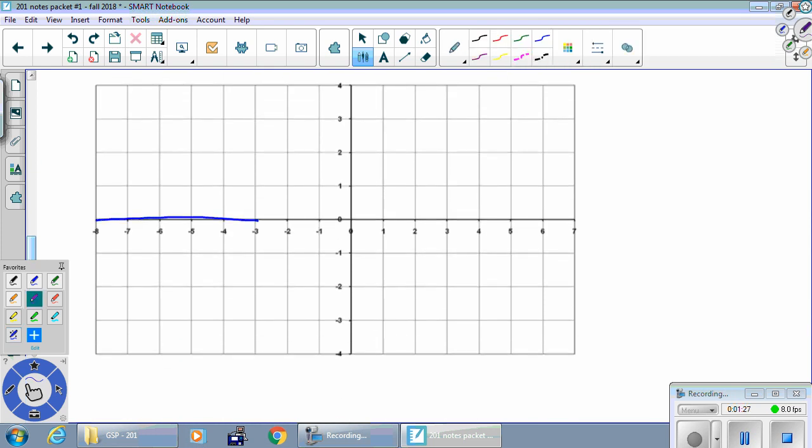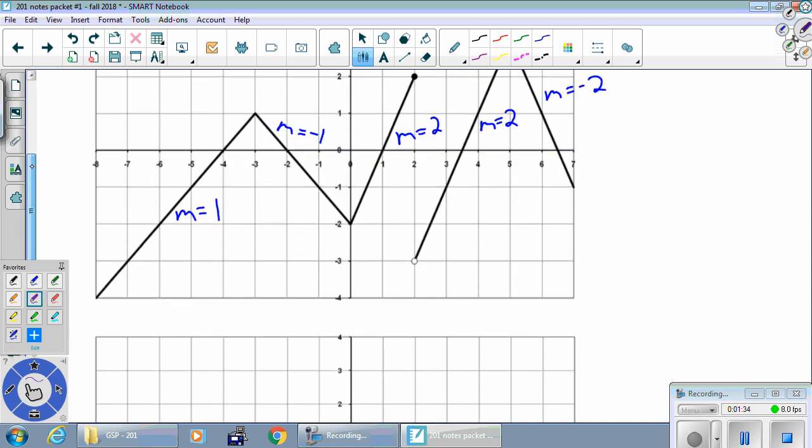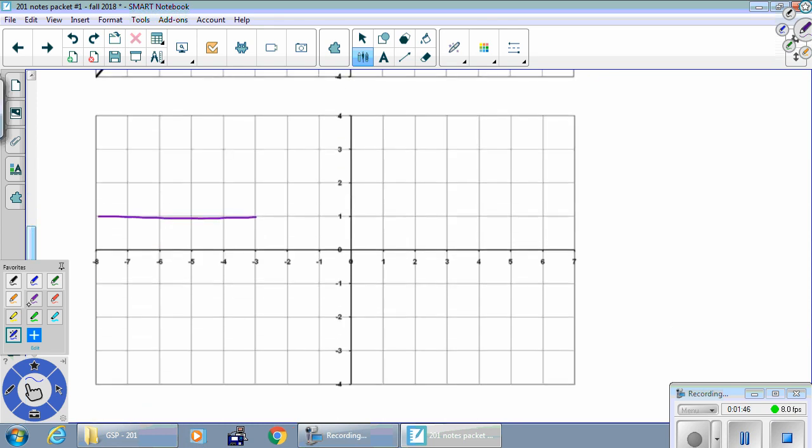That means that the derivative is constantly 1 from the beginning of time until we get to -3. And then I've got a slope of -1, and that happens from -3 out to 0. So -1 like that.